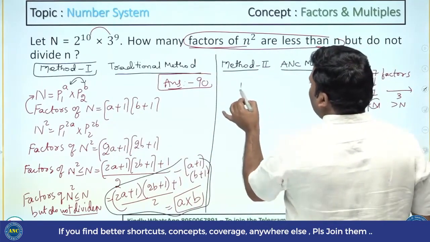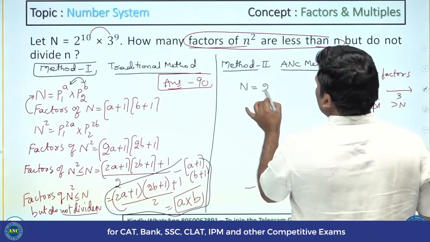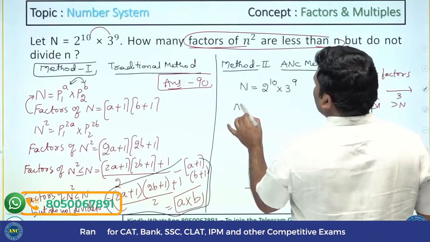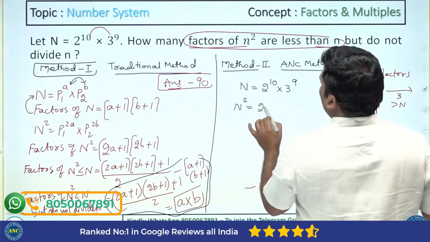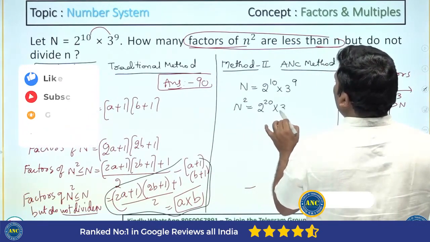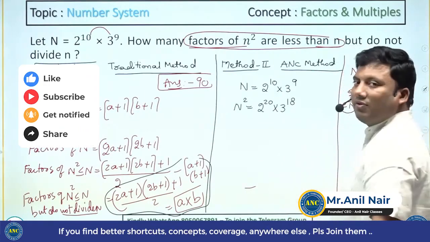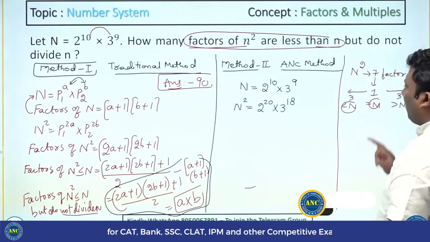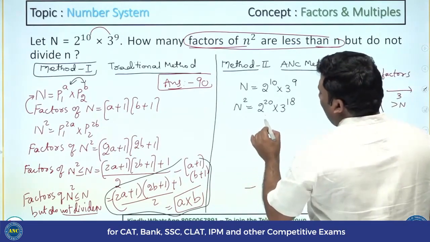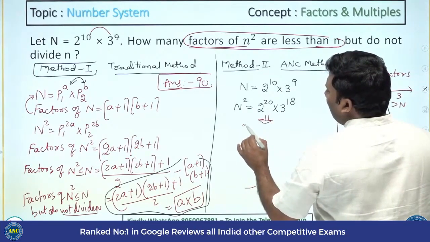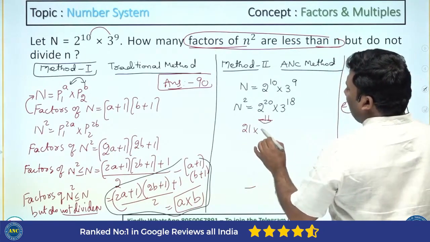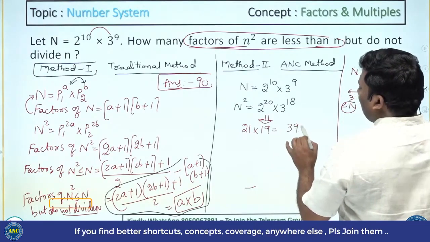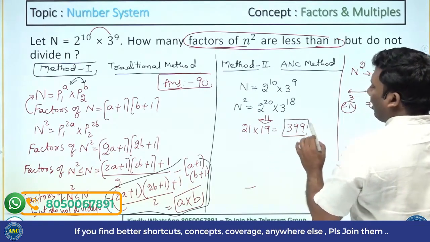Logically we will solve. See here, sir. N is 2 power 10 into 3 power 9. N square will become 2 power 20 into 3 power 18. Are you all with me? How many factors are there for this number? 0 to 20, 21. 0 to 18, 19. 21 into 19 is 399.